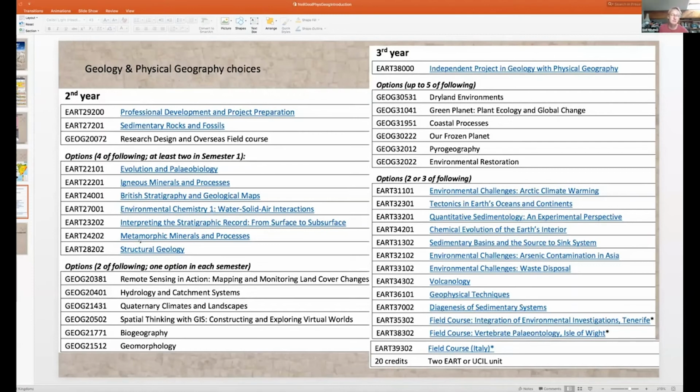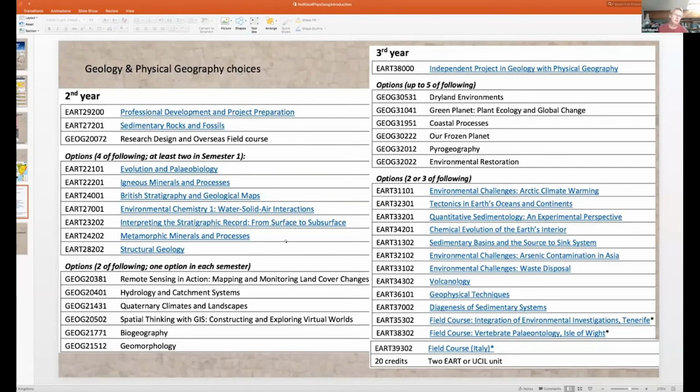So if you're interested in mountains, for example, you can study structural geology, metamorphic processes, minerals, and then, because we share our modules with the geography department, you could pick quaternary climates. And then in the final year you might be picking tectonics in Earth's oceans and continents. This is a module I'll be teaching.